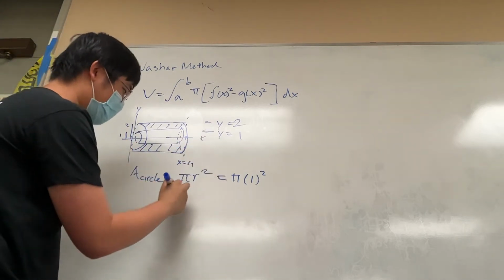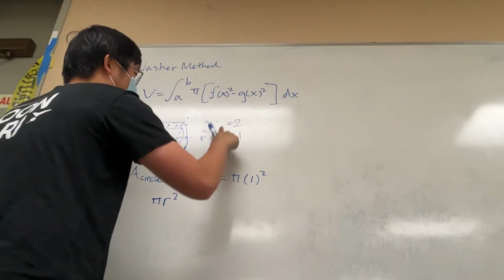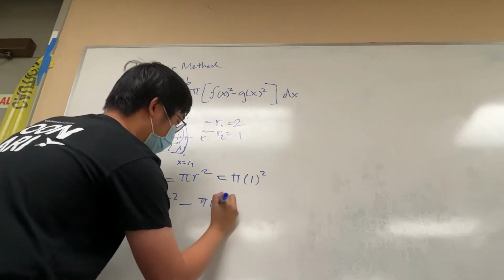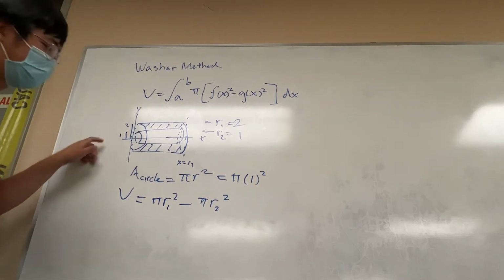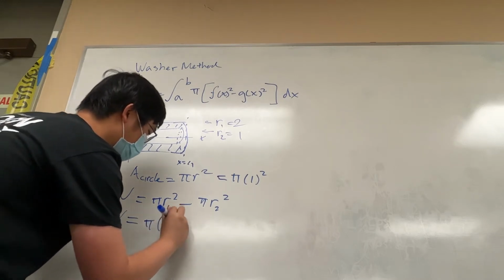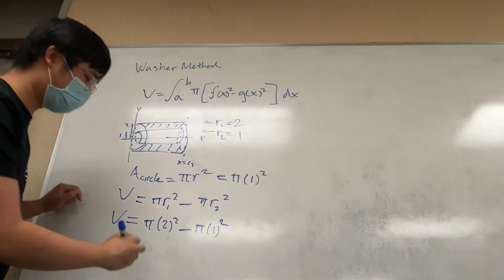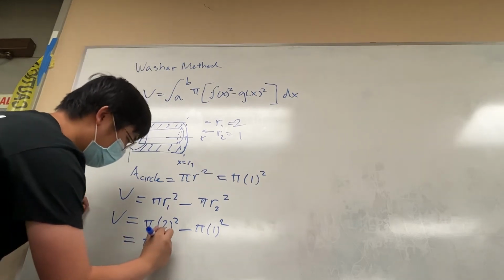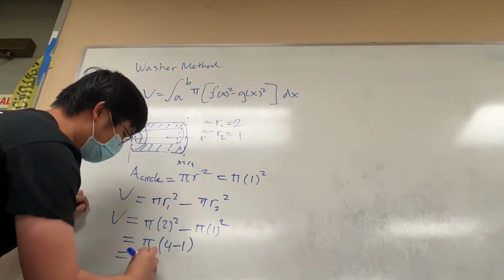So in this case, pi r1 squared minus pi r2 squared is equal to the total volume of this outer one minus the inner one. That leaves us with pi times 2 squared minus pi times 1 squared. Simplifying, we can take out the pi from both sides and simplify the squares, and we're left with 3 times pi.